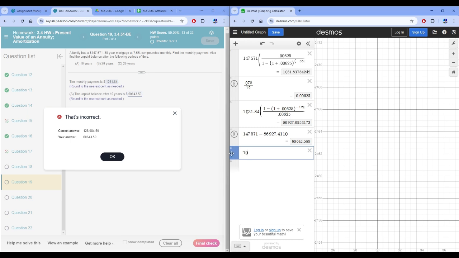So if I were to do 1031.84 times 120, why am I really confused? That's $123,000, but the house was 124. Oh, that's where. So then, correct answer is 128.